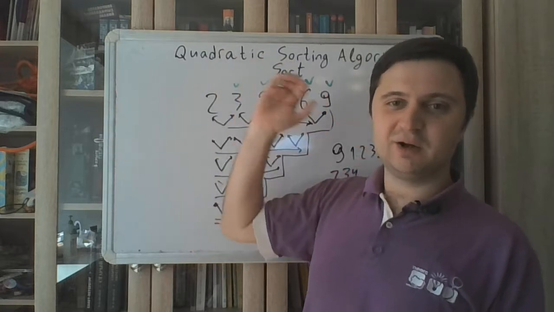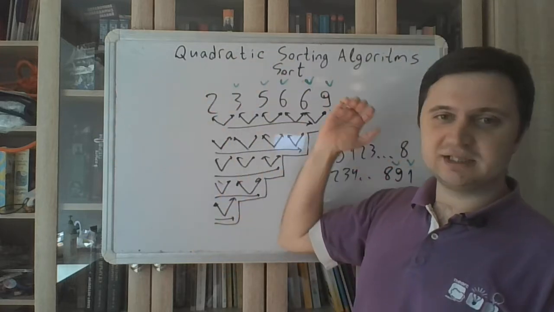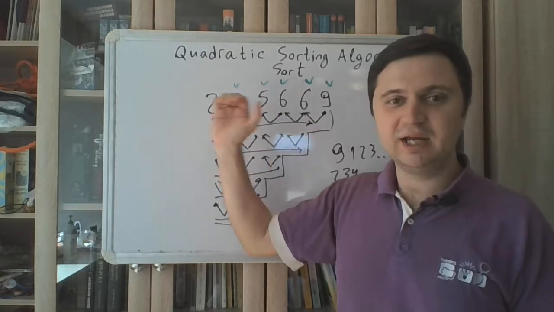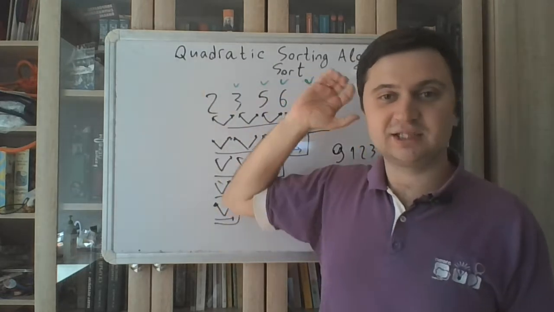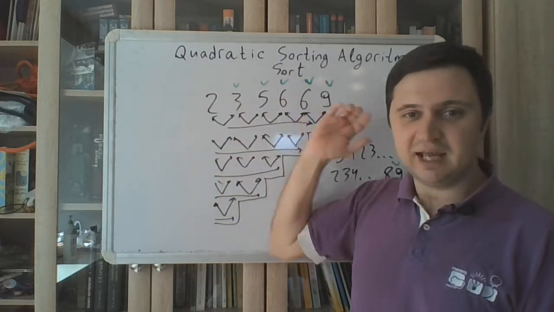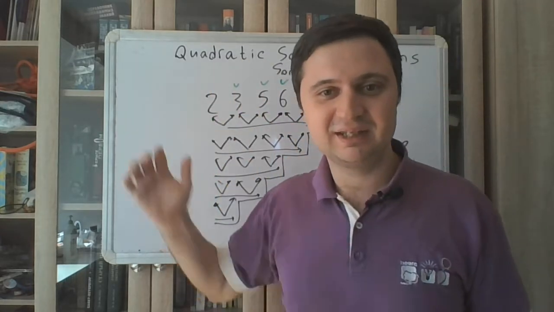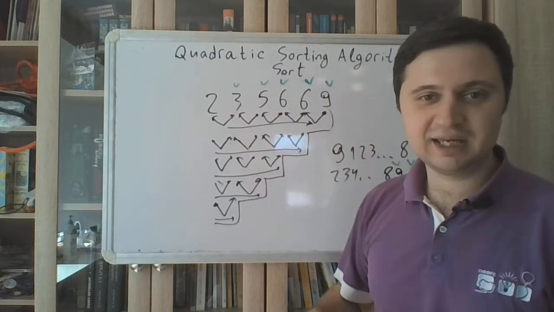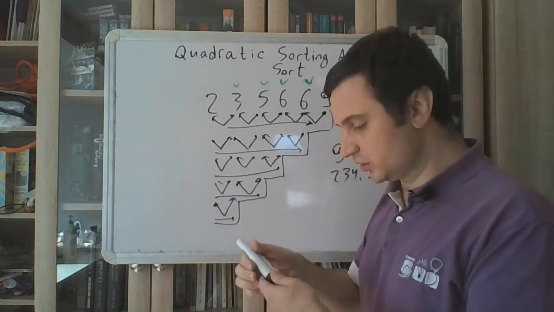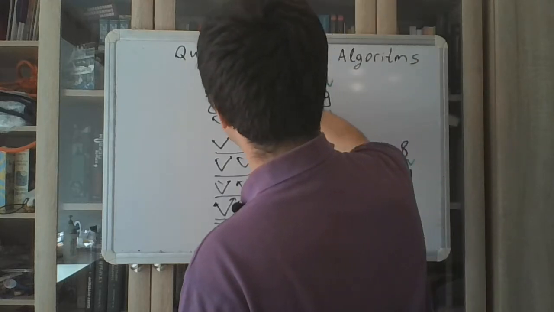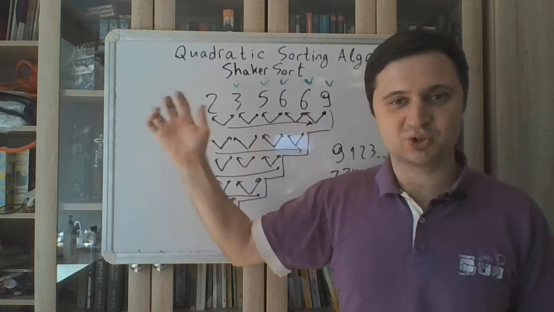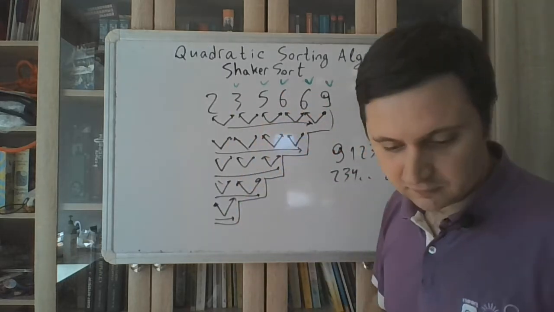I'm trying to show the metaphor. It's how you shake cocktails, right? My hand goes left to right, right to left, and this procedure looks like what a barista does when he or she shakes cocktails. So this is called shaker sort, because the metaphor is this gesture of the hand.